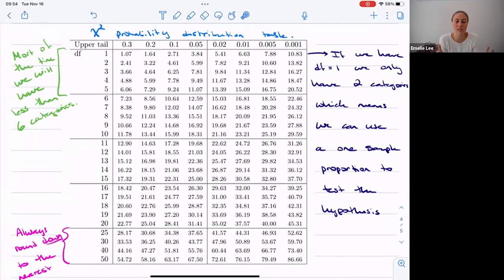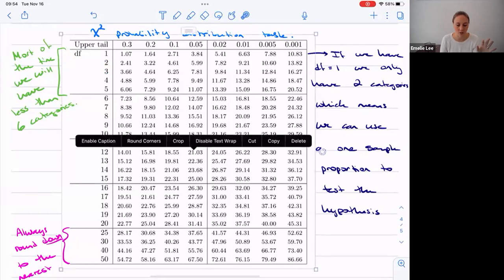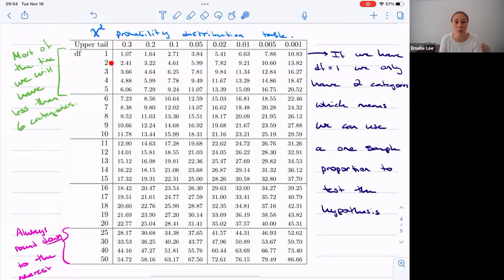Now, you're just going to have this table available, and we need to just be able to read it. If we say that we have 3 degrees of freedom, or maybe let's do 2 degrees of freedom, we have 3 categories, in that fake example that we started with. So with 3 categories, we have 2 degrees of freedom. What these cutoffs are saying is that as we move from 0 up to 2.41, the upper tail probability, the area in the upper tail, becomes 0.3.